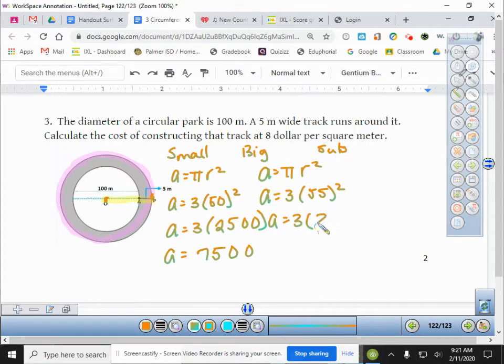Yep. And then we multiply that times 3, and I believe we get 9,075. Now what do we do? Subtract.